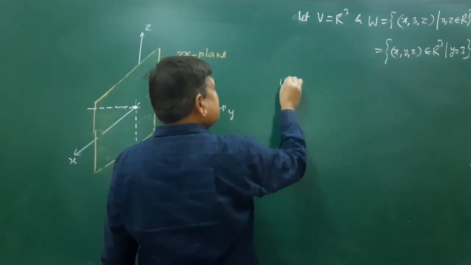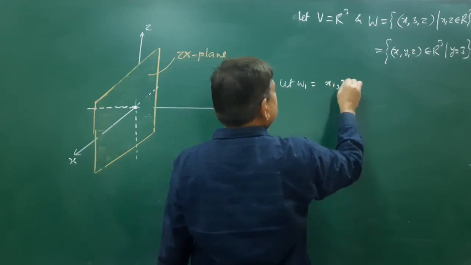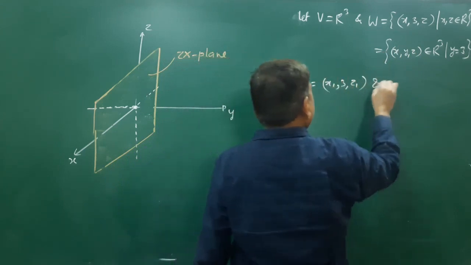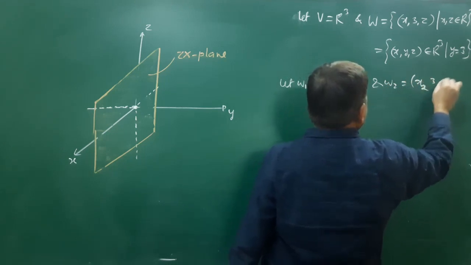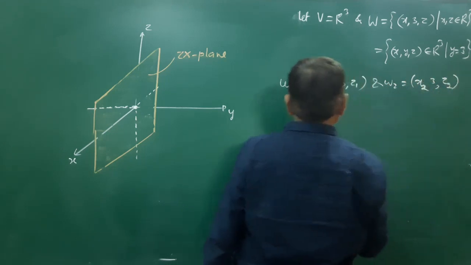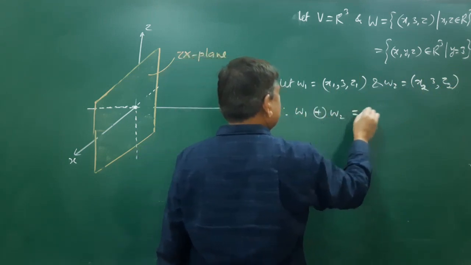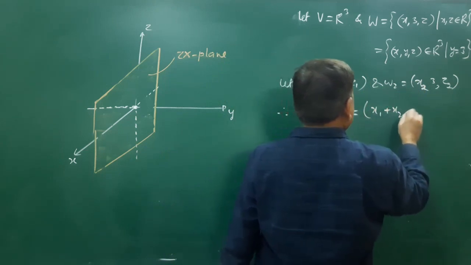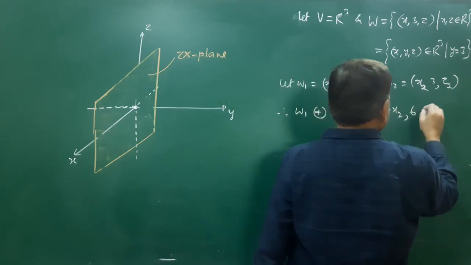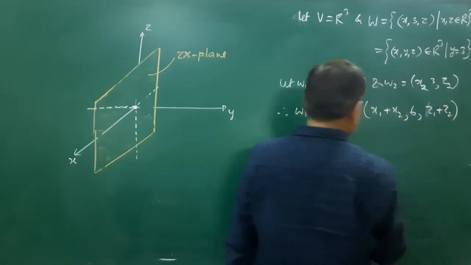Okay, so let w1 equals (x1, 3, z1) and w2 equals (x2, 3, z2). Therefore w1 plus w2 equals (x1 plus x2, 6, z1 plus z2).